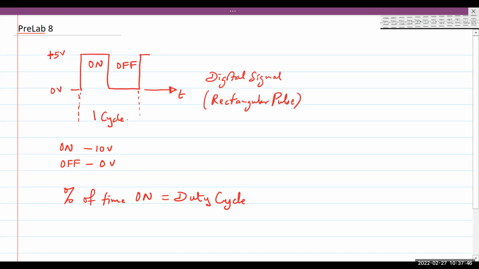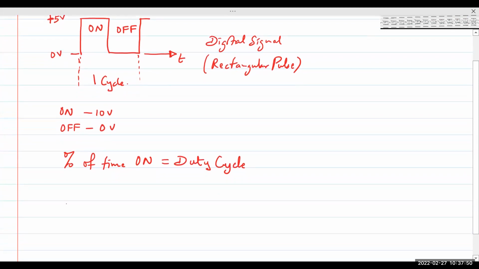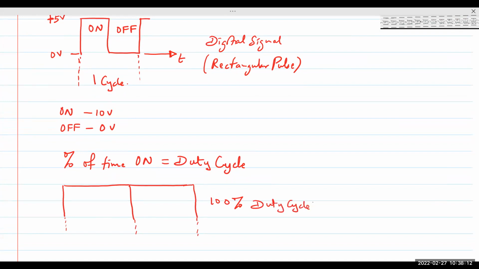So obviously, if it is on for 100% of the cycle, well, the next cycle is here. So guess what? 100% duty cycle is basically DC. So 100% duty cycle would be a DC voltage.